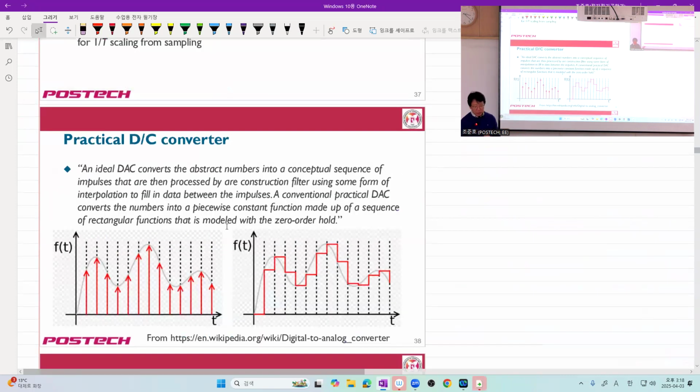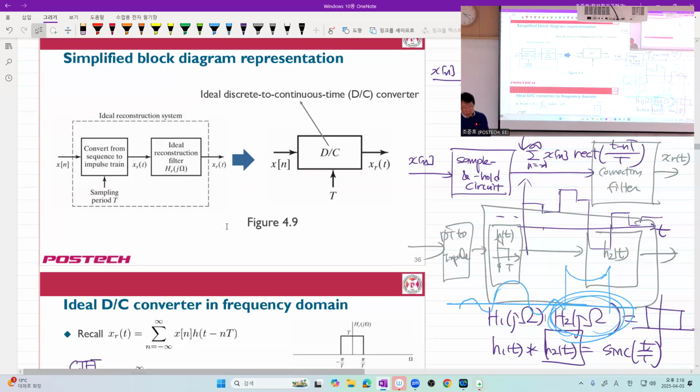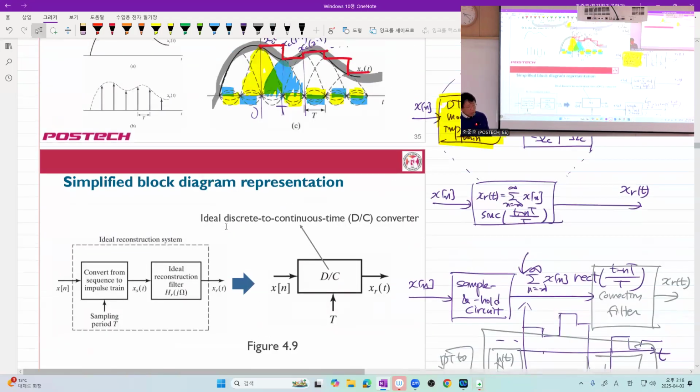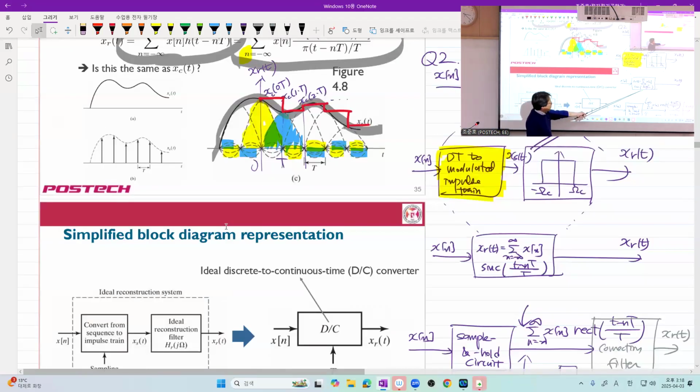Anyway, in practice, sample and hold is filtered by some filter to best approximate sinc function interpolation. By the way, this operation or that operation is called interpolation.